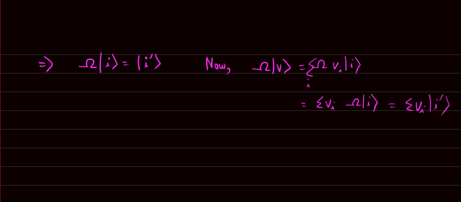So easily, if we know the action on the basis vectors, we can easily find the action on any vector for a linear operator. That's why we're interested in linear operators.